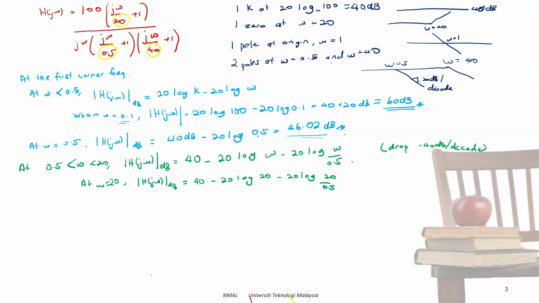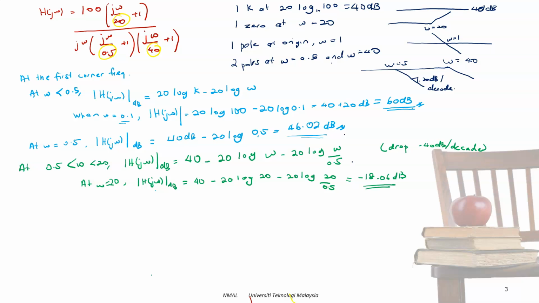Okay, so use your calculator to calculate this, and here we will get the exact value, which is negative 18.06 dB.